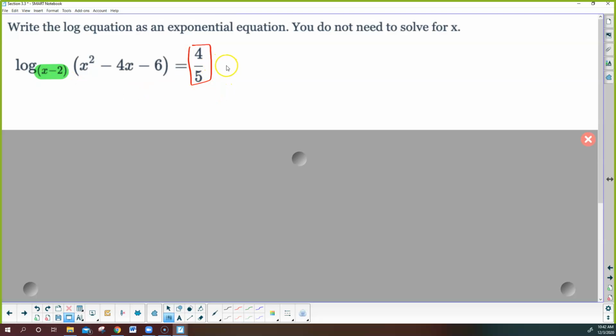So if I rewrite this, I'm going to take the base, which is x minus 2, to the power of 4/5, and that has to equal whatever we were taking the log of. So it's the same work, except for now there's algebra expressions instead of just numbers.